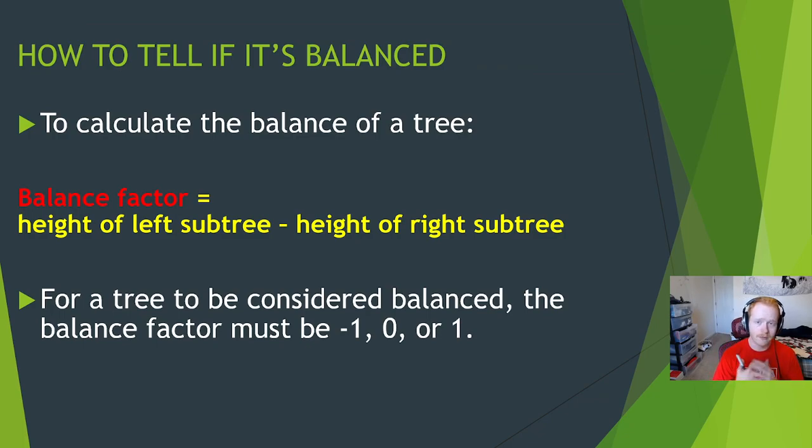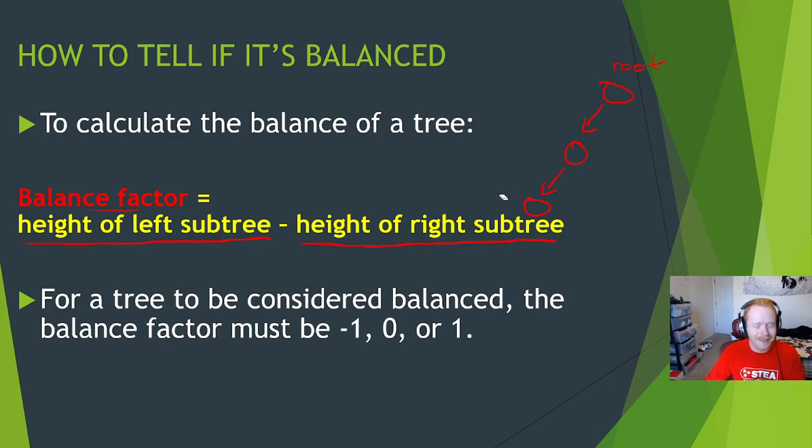So how do we tell if a tree is balanced, at least with AVLs? We have to calculate the balance factor. All the balance factor is, is the height of the left subtree and the height of the right subtree. If you'll remember, the height is just how deep a tree goes. So if we start here, let's say this is our root, we have a height of 3.